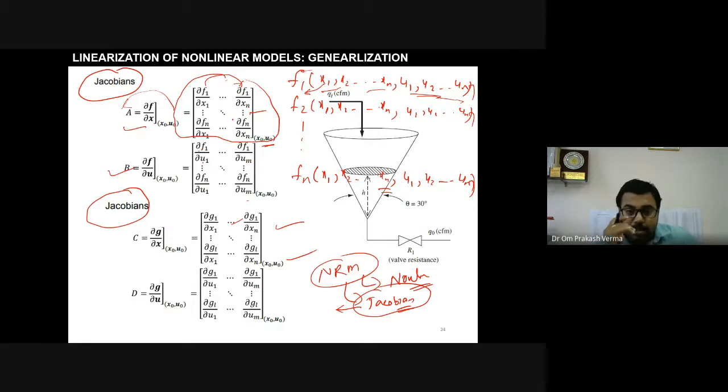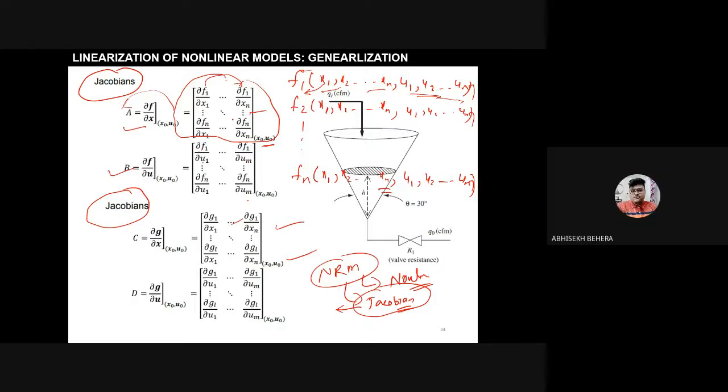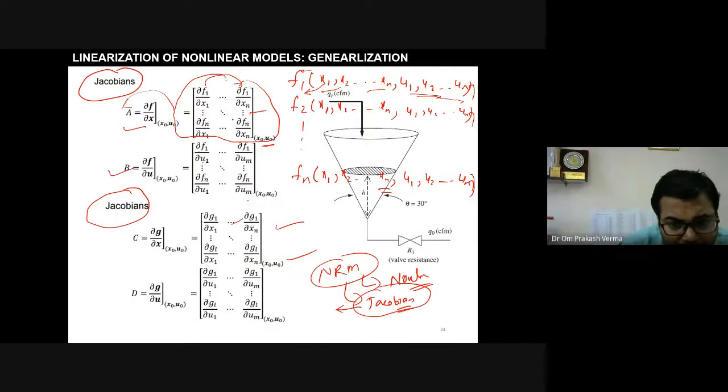This is the limitation of this technique. Complexity is the drawback, but you can solve it if you are able to find the Jacobian matrix.